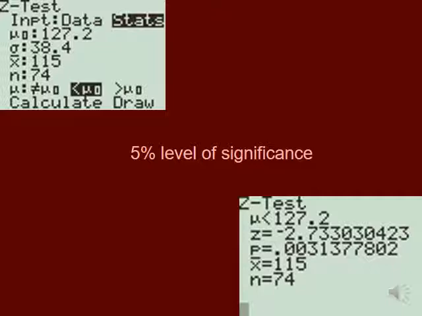And what you always do for that is you look at your p-value, 0.003, and you compare that to the level of significance. We had a 5% level of significance. If the p-value is less than that level of significance, then yes, it is a significant result. And 0.003 is definitely less than 0.05, so this one is yes.